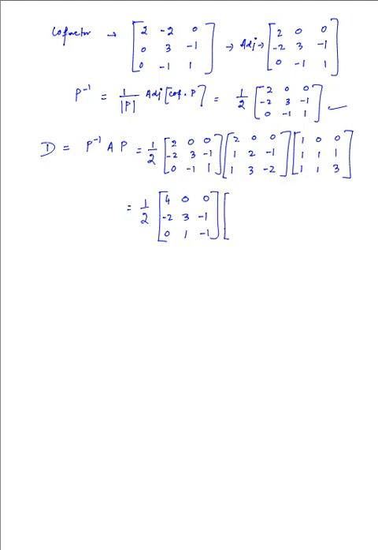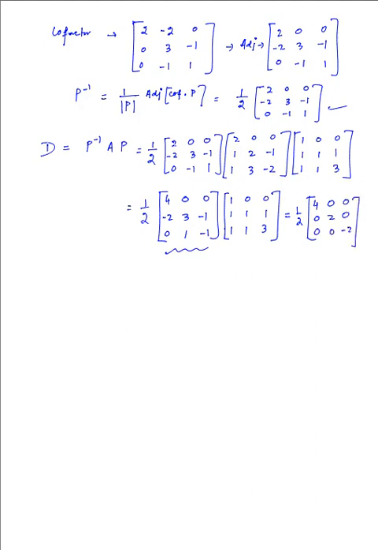In order to reduce the timing of the video, I have just used the rough work that I have done. So the first two multiply to give this one, and the last one stays as such, and then we multiply that to obtain half of, obviously there is going to be 4 at the top, 4, 0, 0, 0, 2, 0, and 0, 0, -2.